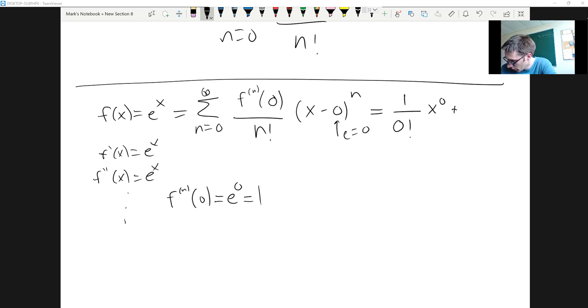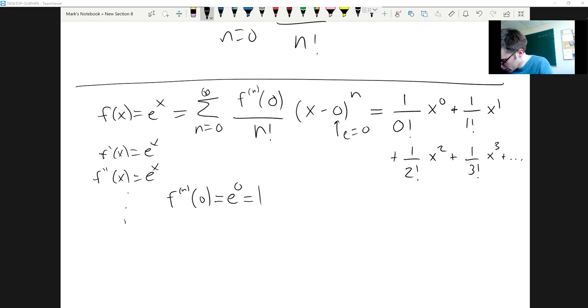And then our next term will be 1 over 1 factorial times x to the 1, plus 1 over 2 factorial times x squared, plus 1 over 3 factorial times x cubed, excuse me. And that pattern is going to go on forever.